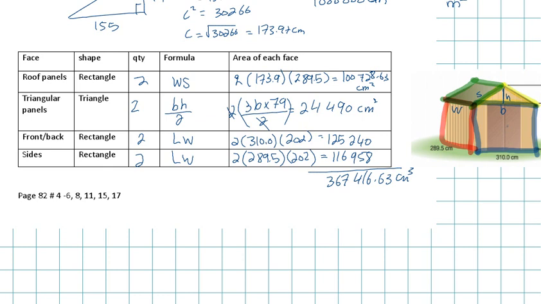We know that the conversion is every 1 meter equals 100 centimeters, right? I have to square that. So every 1 meter squared equals, it's squared because that's an area, right?